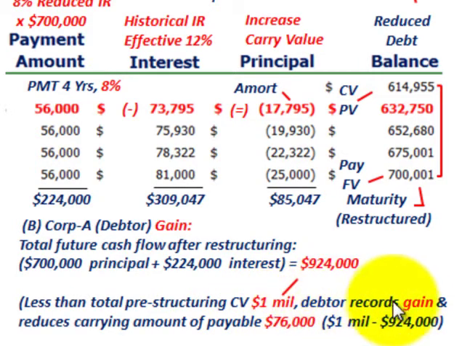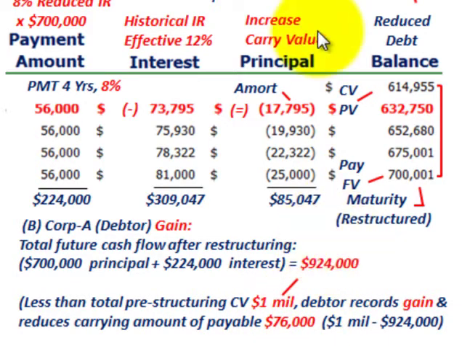So the debtor records a gain and reduces the carrying amount of the payable. The difference between the $1 million original amount and the $924,000 gives us a reduction in the payable of $76,000, and that is the gain they're going to have, $76,000.